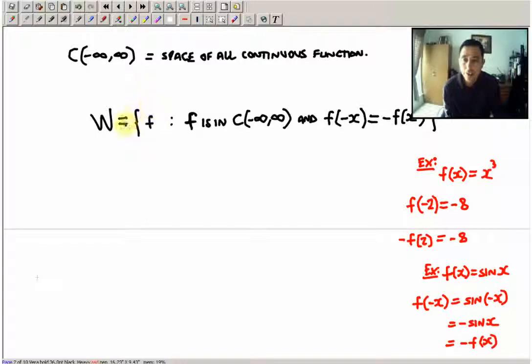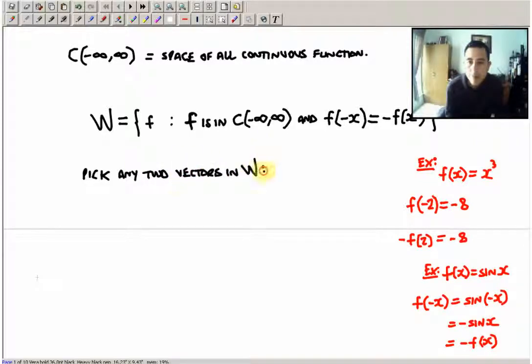So let's show that this set of odd functions is a subspace. All we need to do is show two things. If I pick two functions in there and add them, then the sum is still in W. So let's pick any two vectors in W, here's one, f and g.